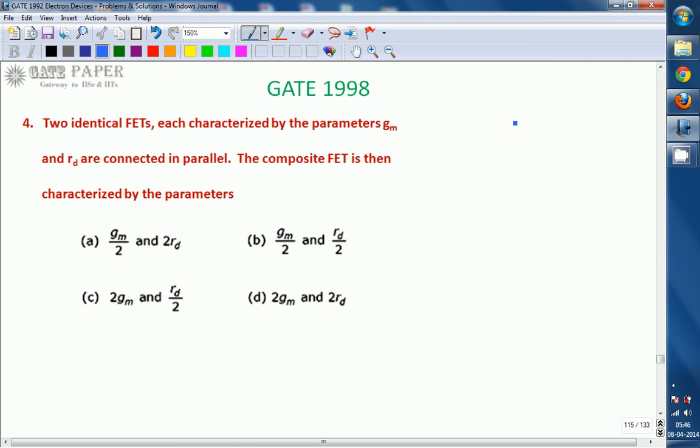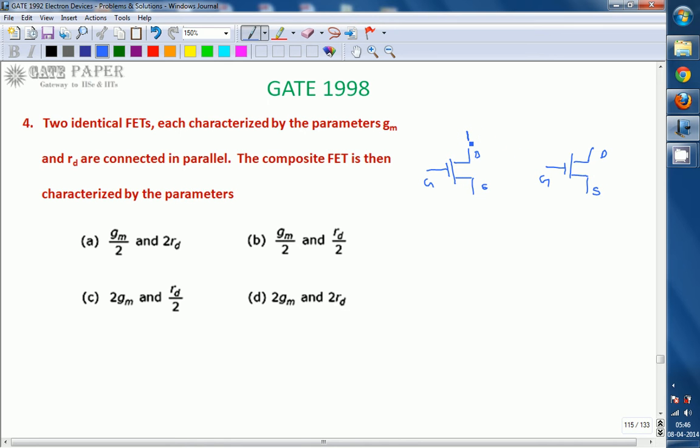So, we will see it like this. Let us assume this is one MOSFET, and each consists of drain, source and gate. So this is drain, this is source, this is gate, and one more MOSFET is also there with drain, gate and source, and both are connected in parallel.